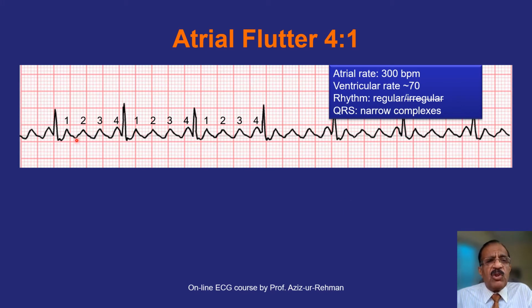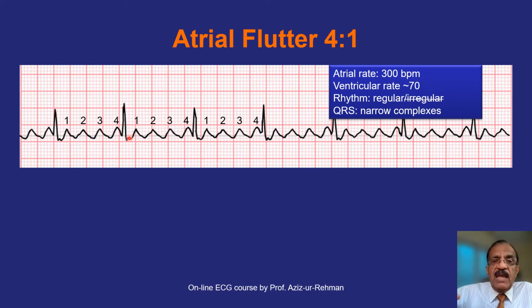So this ratio could be 3:1, could be 2:1, could be 4:1, could be 5 or 6:1, depending upon the condition of AV node and the tone of sympathetic and parasympathetic nervous system, and could vary. In some patients it could vary, and I'll show you some examples.